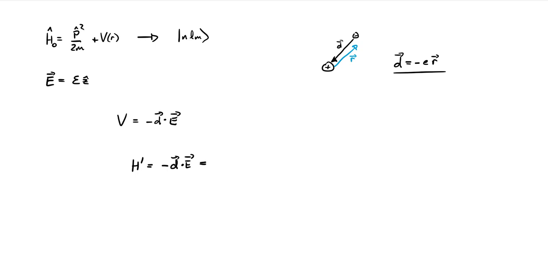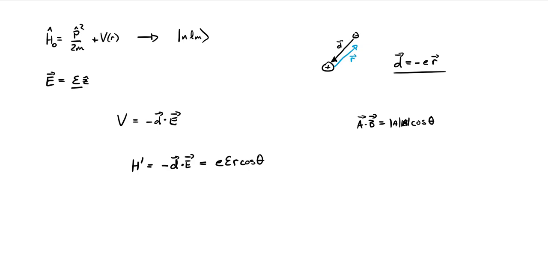That electric field is in the z direction. So essentially we get the magnitude of that electric field times cosine theta, because we know that A dot B is equal to the magnitude of A, times the magnitude of B, times cosine of the angle between them. In this case, the E field vector has a magnitude of E, and the dipole has a magnitude of eR, and the two negative signs will cancel.